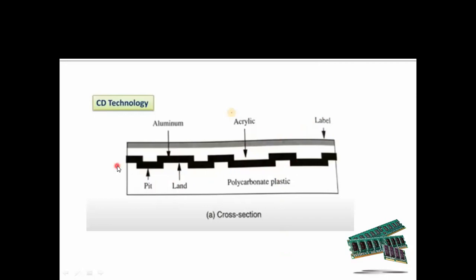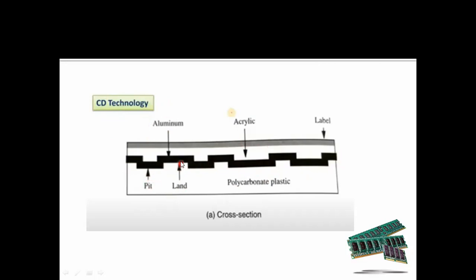Suppose this is the arrangement of pit and land on a CD. On a DVD, the number of pits and lands is very high compared to a CD because the DVD memory capability is very high. That's why the arrangement of the pits and lands is also different compared to the CD arrangement. Do you understand?